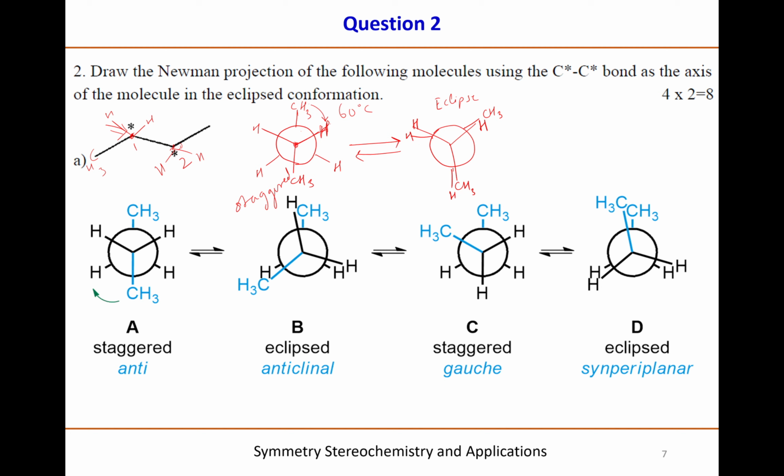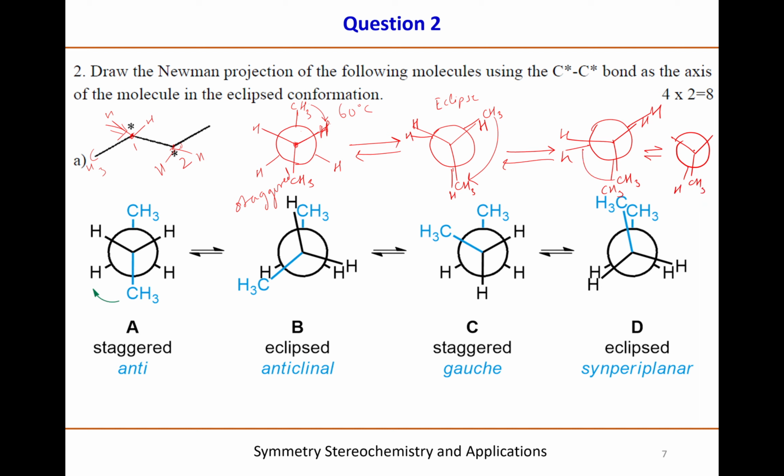So this is one form of eclipsed conformation. How many eclipsed conformations are possible here? If again this CH3 is rotated by 120 degrees, you will get here CH3, H and H. This is also an eclipsed one. And again, if you rotate this backside carbon by 120 degrees, you will get the third possible structure, which will look like this.